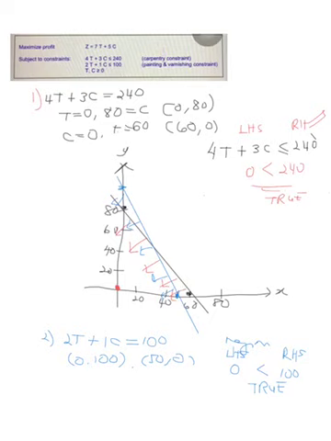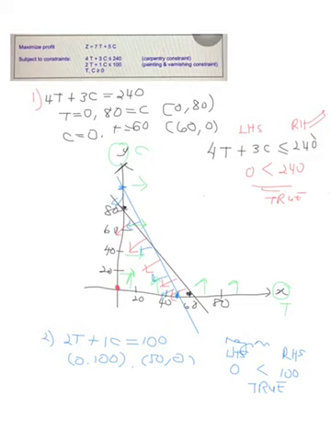Another constraint here is t, c greater than or equal to 0. This is actually t, this is c, so the area should be above the x axis and on the right hand side of the y axis.